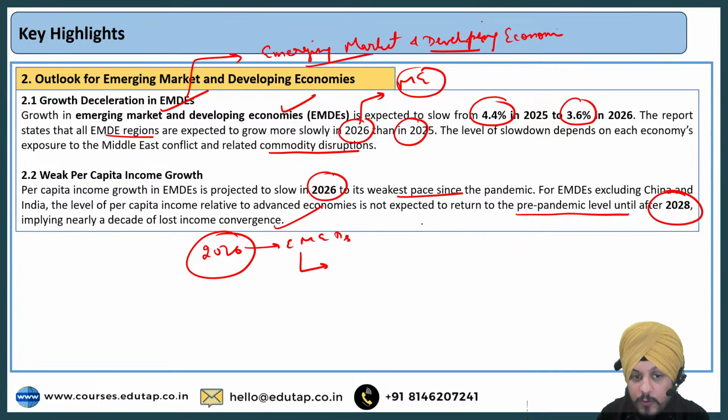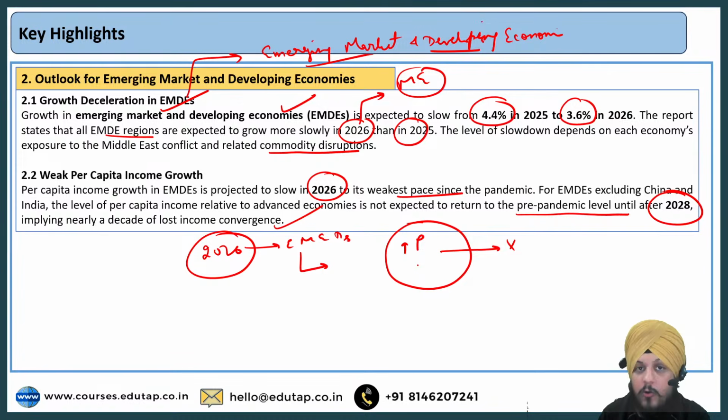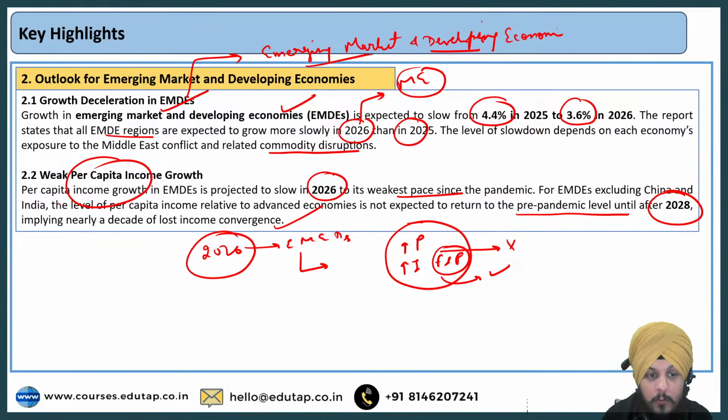So even if the economy is performing well, even if the total economy grows, people are not going to feel much improvement. Why is it so? It is mainly because of different types of reasons as highlighted in the report. For example, it can be because of an increase in the population, it can be because of higher inflation, it can be because of food and fuel prices that could be rising, right? And income growth could be lower, and the same impact could be there with respect to per capita income too, right?